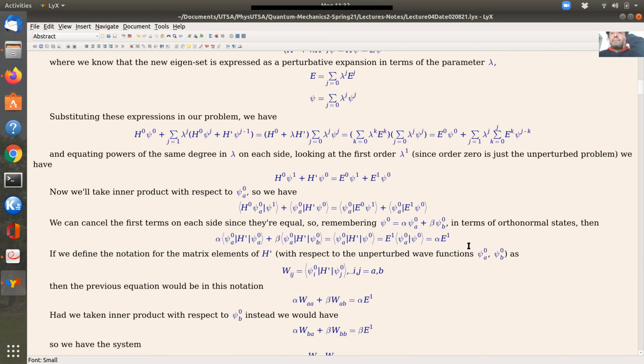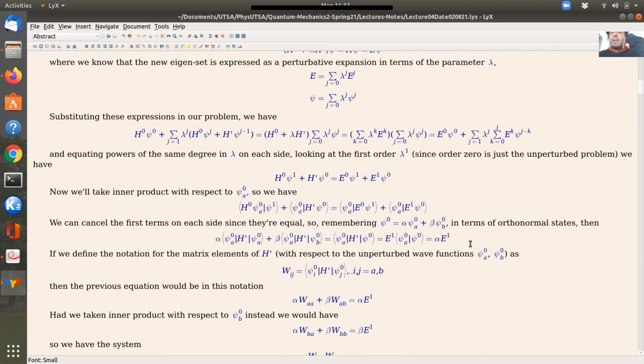So, okay, we can cancel some of the terms. Basically, if we apply the operator to psi a, remembering that we had this property, we will get this same term. So that goes out to cancel.